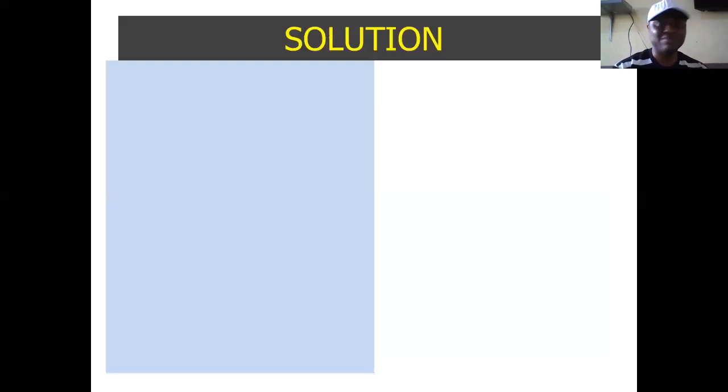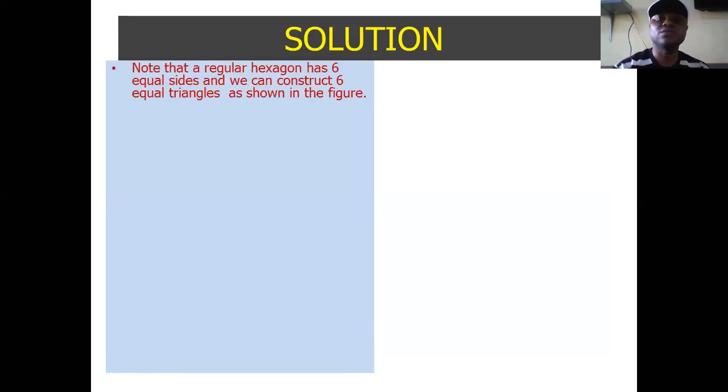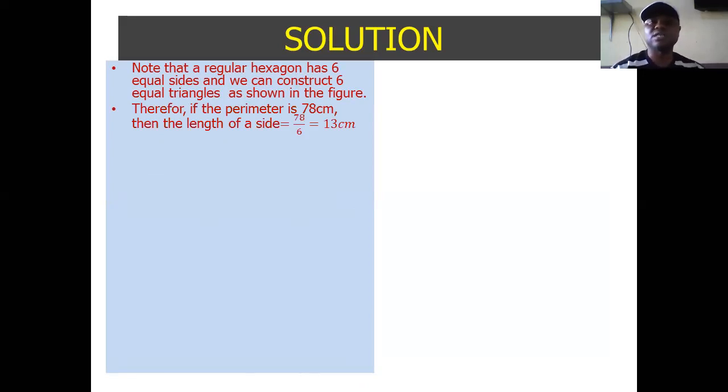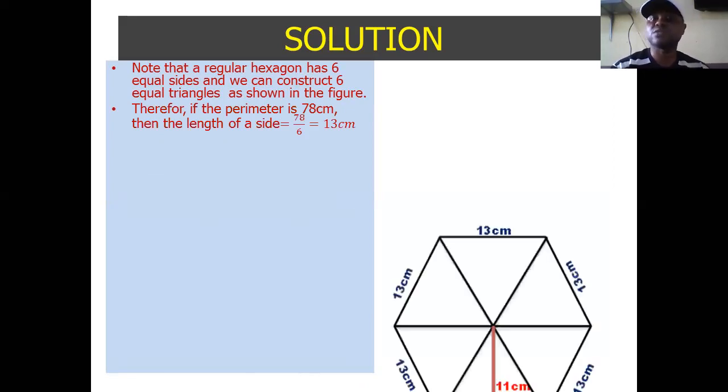Solution. In maths, we always provide a solution because we believe that for every problem, there exists a solution. Note that, just like I said, a regular hexagon has 6 equal sides, and we can construct 6 equal triangles as shown in the figure below. Therefore, if the perimeter is 78 centimeters, then the length of a side is 78 divided by 6, which is what? 13 centimeters.